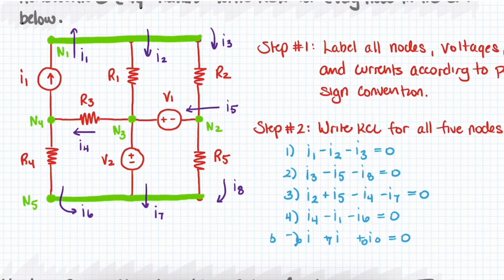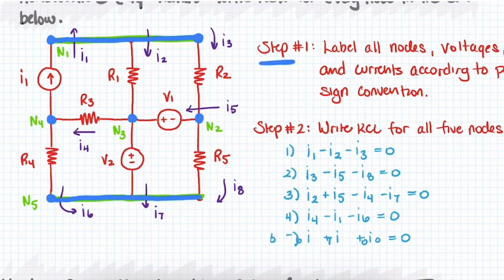So for right now, let's just go ahead and assume that I'm telling you what the nodes are in this circuit. We have one large node up along the top here, which spans several different junction points. That's N1. We have N2, we have N3, we have N4, and then we have node 5, which spans all the way along the bottom here.